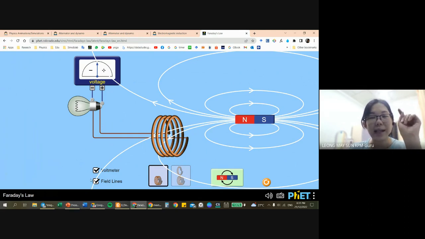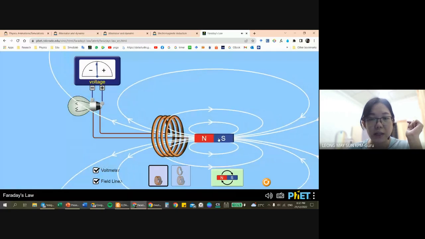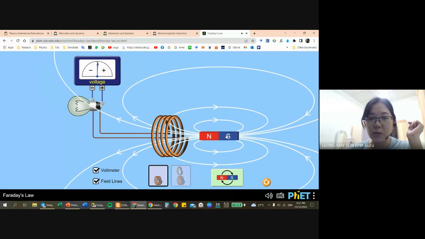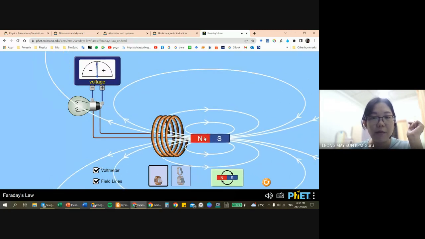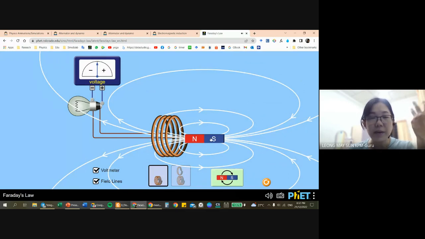This means that electromagnetic induction would be stronger. The induced current is much stronger if you move the magnet or the conductor at a faster speed. If you go slow, the induced current is very little. If you move away slow, it's also going to be very little. But if I move fast, it's going to be a lot.